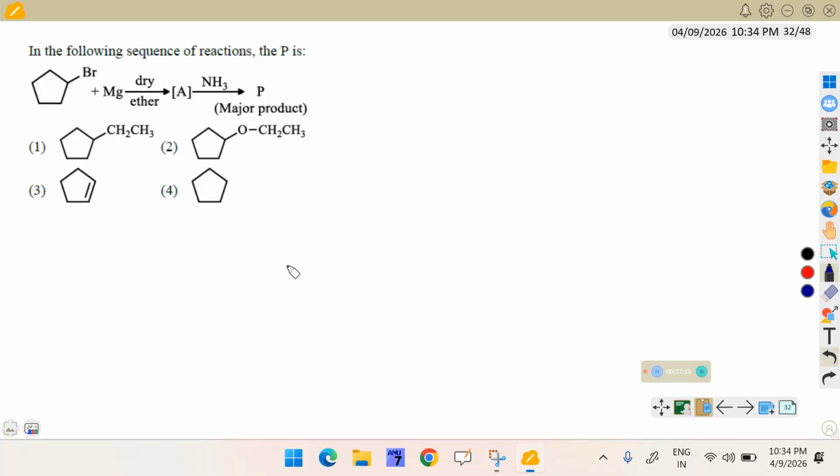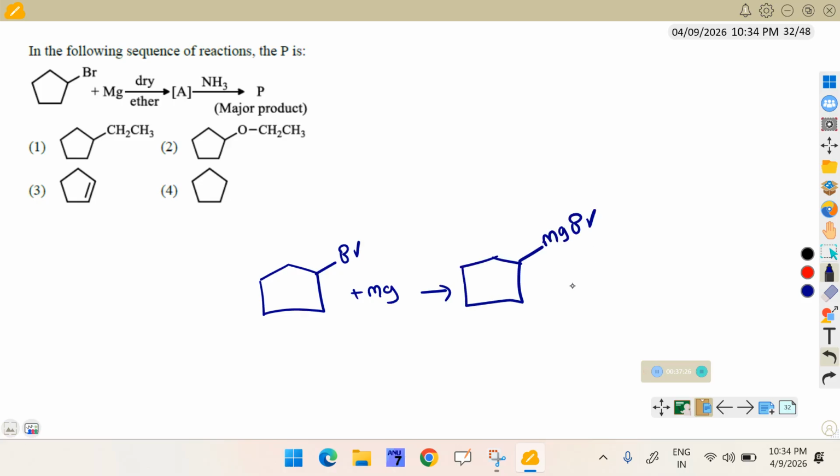Identify P in the reaction. First of all, bromo haloalkane reacts with magnesium in the presence of dry ether. Then it gives Grignard reagent. The Grignard reagent reacts with ammonia. Then it gives cyclopentane. Why?